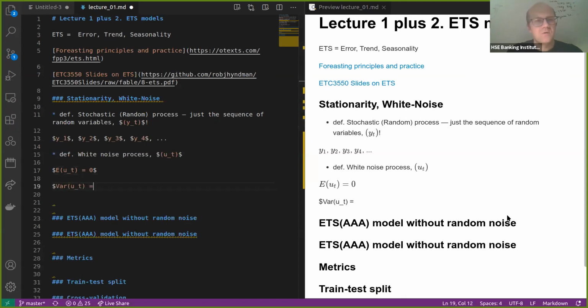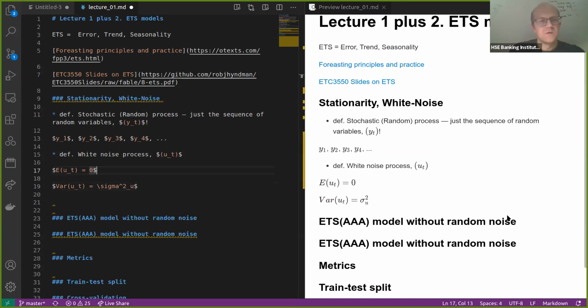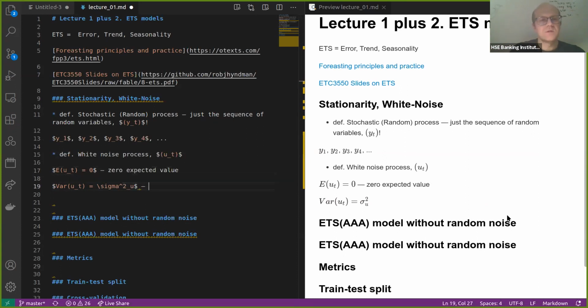I don't know how you denoted variance in econometrics, but I think it was either Var or D, but I will denote it like variance in English. So the variance should be constant.